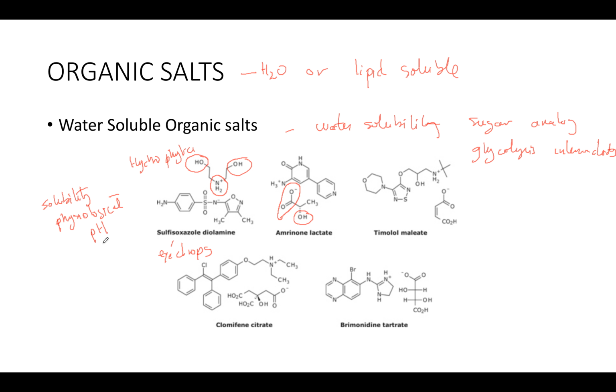Now, if you were to have a basic pH in the eyes, for instance, that will produce a burning or a stinging sensation. So this preparation as a salt is much better because you want to use this as an eye drop. So that's one of the reasons why those compounds are marketed as a salt.